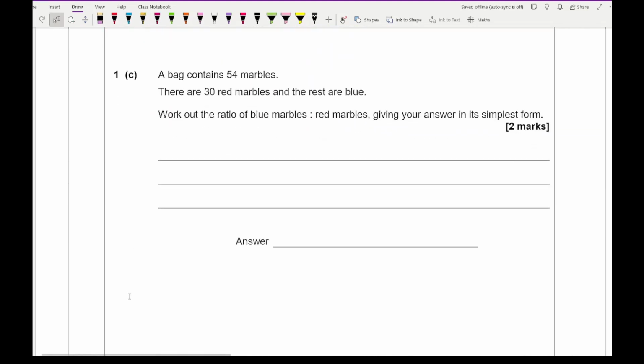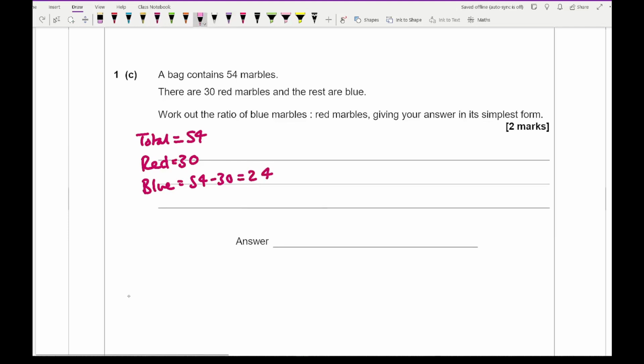Then moving on to 1c, it says that a bag contains 54 marbles. There are 30 red marbles and the rest are blue. Work out the ratio of blue marbles to red marbles, giving your answer in its simplest form. So here we know that the total is 54. We know that there are 30 red. So to work out the blue, it's going to be 54 minus 30, which is 24.